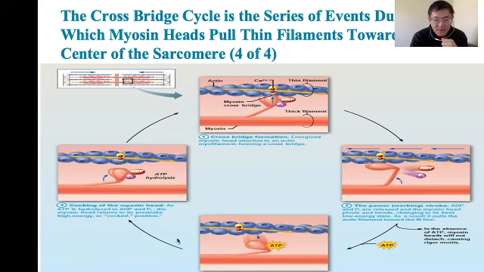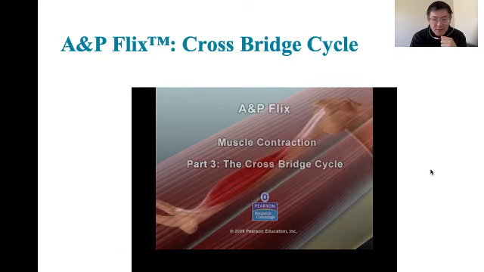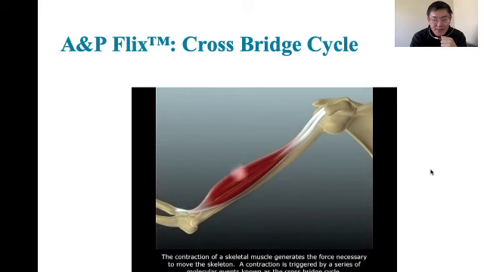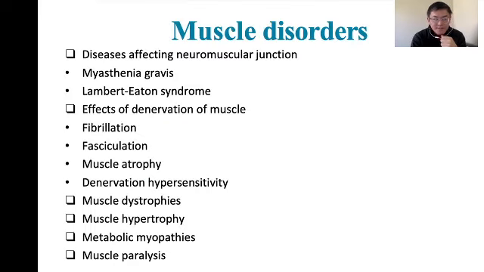This cycle will be performed again and again to let the myosin head continuously pull the thin filament toward the M line. So this is how the muscle fiber contracts. This is the video for the cross bridge cycle. Please watch this video after this lecture.